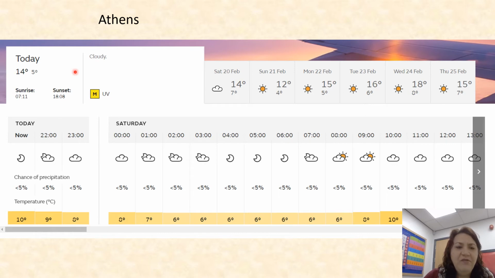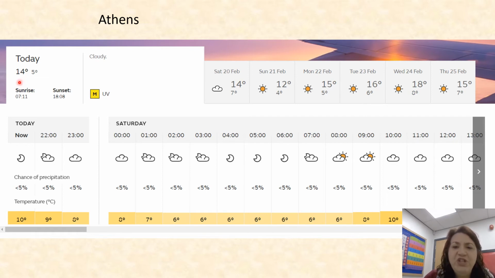So let's have a look at what this shows us. So the big temperature, the larger temperature, is the highest temperature of each day, suspected temperature, because obviously the weather is a prediction. It's a very scientific prediction, and there's lots of really clever equipment and people that make those predictions, but it is only a prediction.